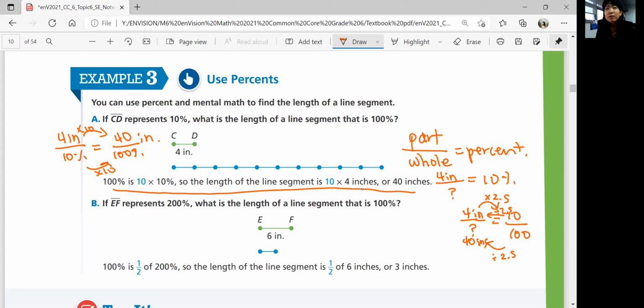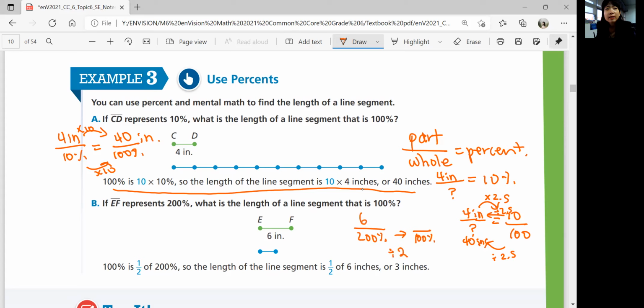All right, part B. If EF represents 200%, what is the length of a line segment that is 100%? So from 200% to 100%, what do you need to do? In order for 200% to become 100%, you divide by 2.